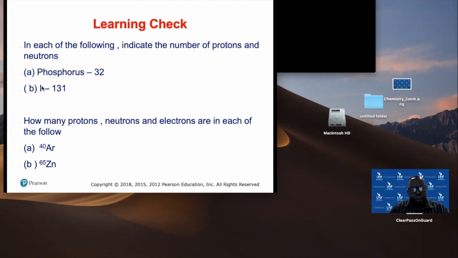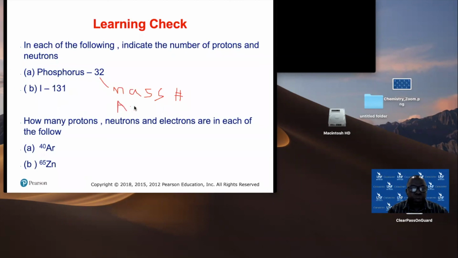Given the chemical name with a hyphen and a number, the number at the end stands for the mass number. This is the mass number, or if you want, this is A.